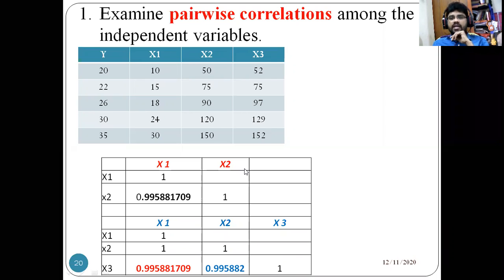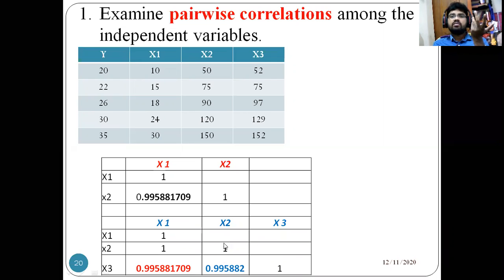When you observe this value, it is called the R value, the correlation value. 0.9958 means 99%. So there is a near perfect correlation between x1 and x2. If you observe x1 and x3, there is a perfect collinearity here.